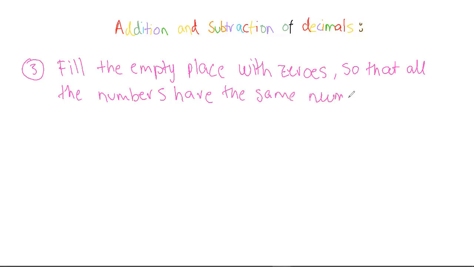Okay, so in this rule we'll take both addition and subtraction numericals. It says fill the empty place with 0 so that all the numbers have the same number of decimal places. So let's take some examples.